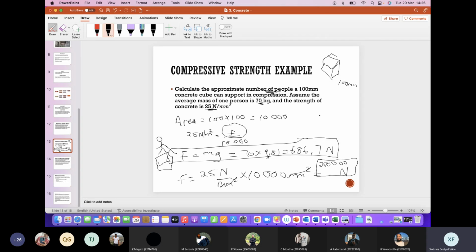Therefore, you will end up having the answer of 364.059. Right? So for the approximate number here, because the number after the decimal is not over 5, then we can just say approximately 364 people will be accommodated by this particular cube. So do you now understand?